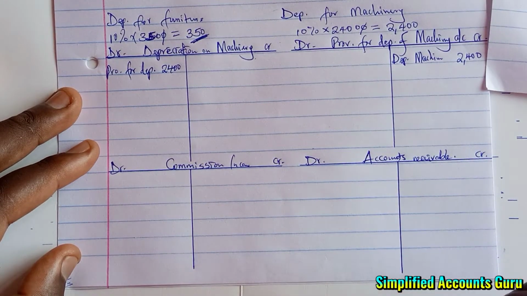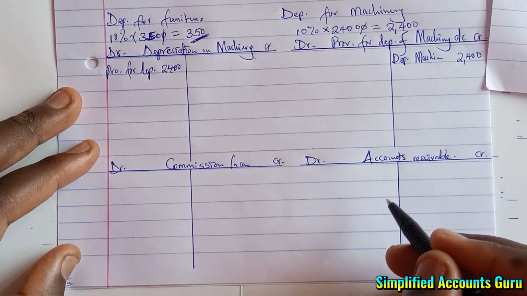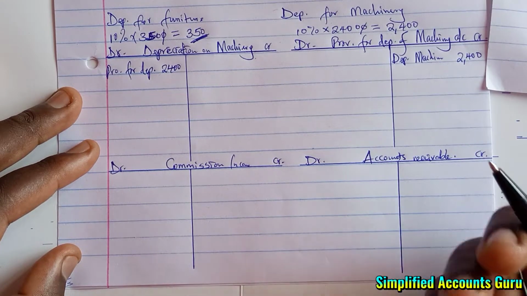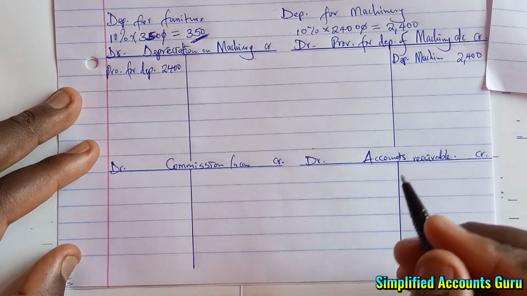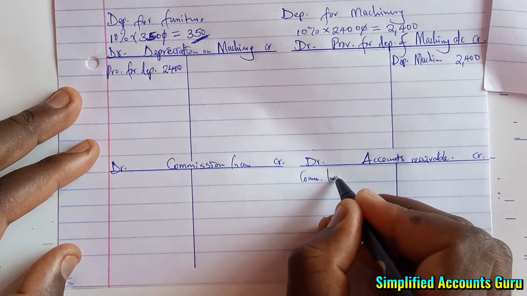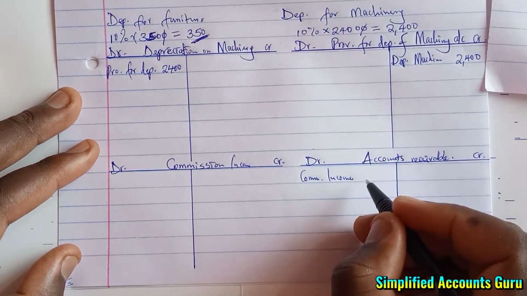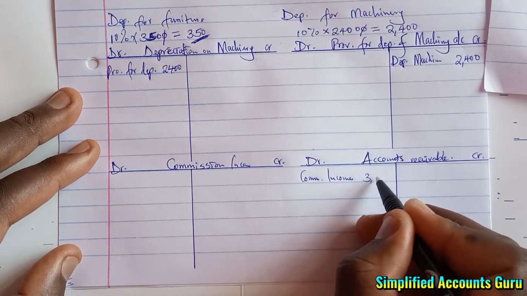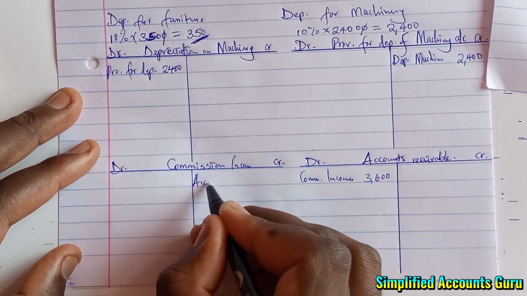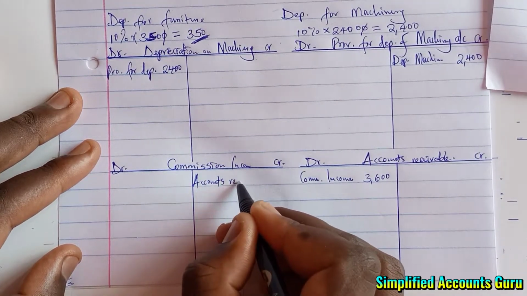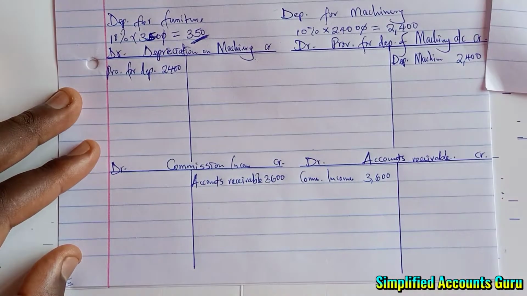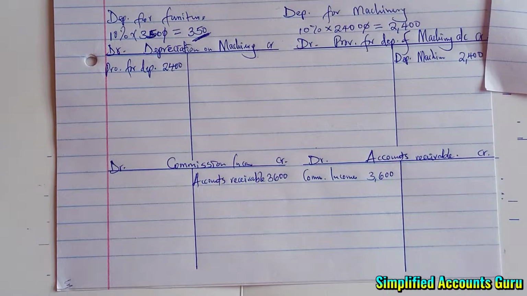When accounts receivable go up, which is an asset actually, then we are supposed to debit the asset. When income goes up, then we are supposed to credit. So here we'll say commission income, which is 3,600. And then here we credit by saying accounts receivable, $3,600. As usual, we are supposed to close down these accounts.